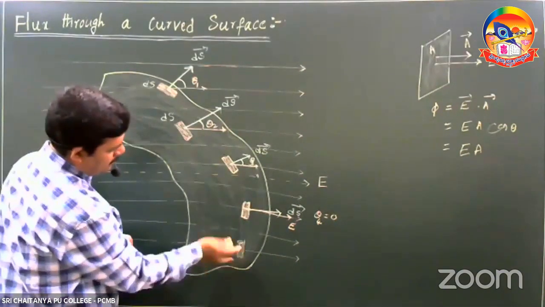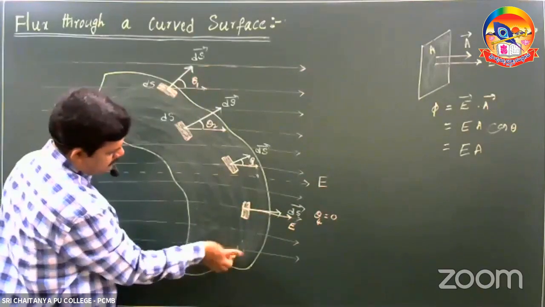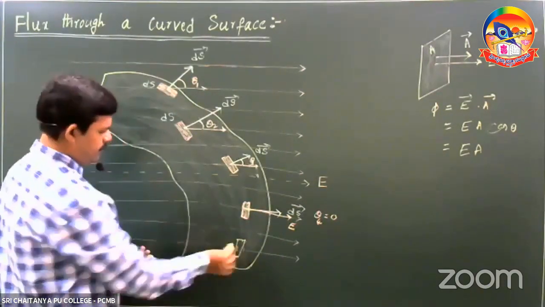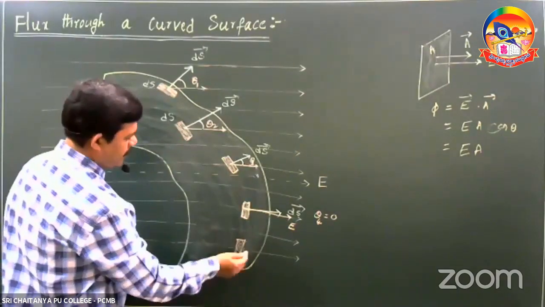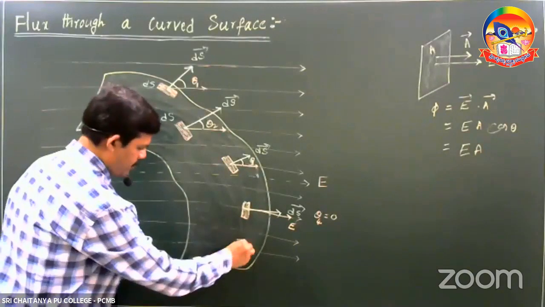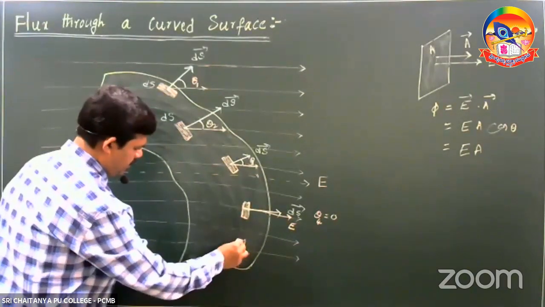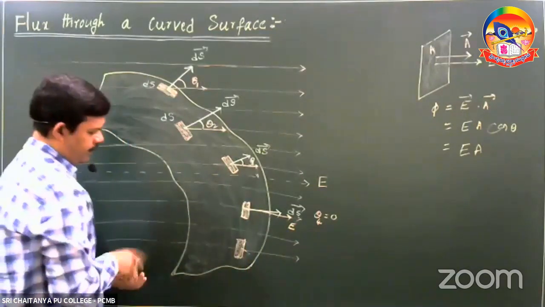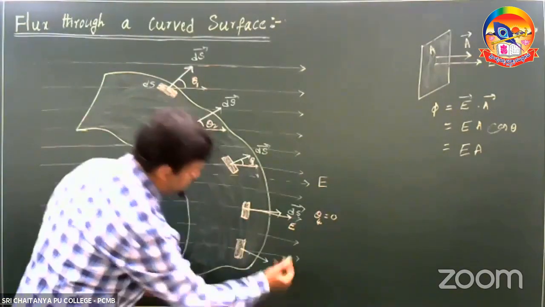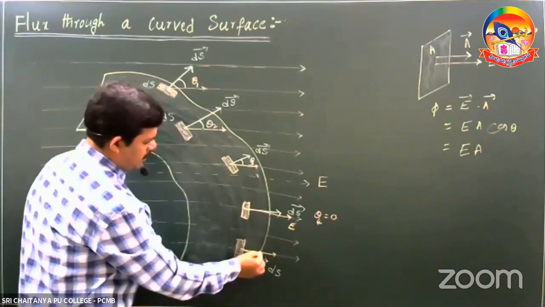And see here, this is another area vector of a small elemental area. This is the area vector. This is the angle.